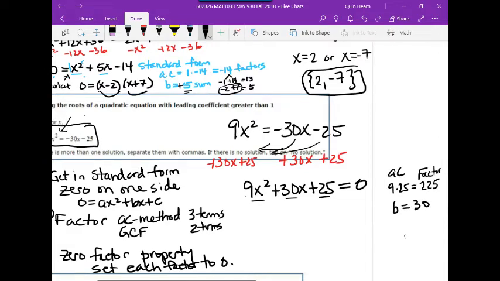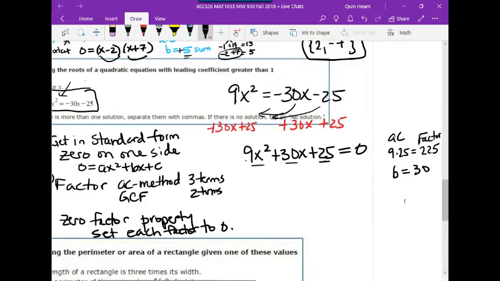Okay, now those are large numbers, but don't be intimidated. Just because you can't tell just looking at it what the 2 factors are that add up to 30 doesn't mean you should panic. Be organized and systematic about looking at the factors. Literally start with 1. 1 times 225 would give you 225, but that adds up to 226, so that's not going to work. 2 doesn't divide into 225 evenly because it's not an even number.